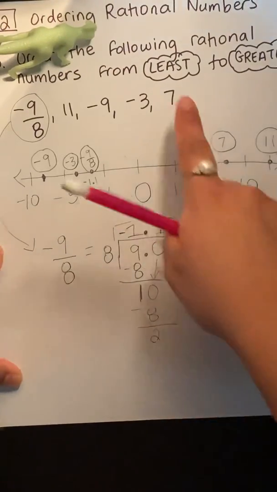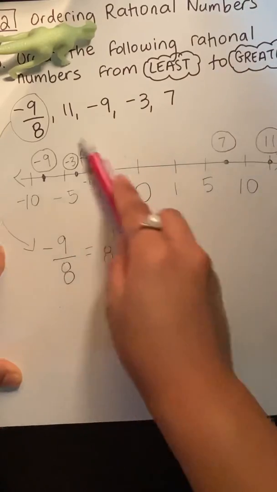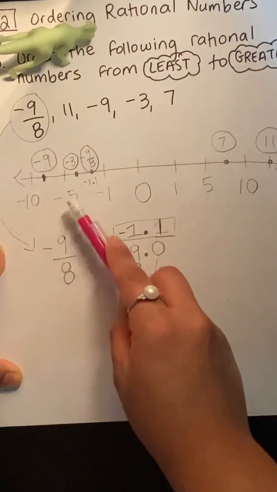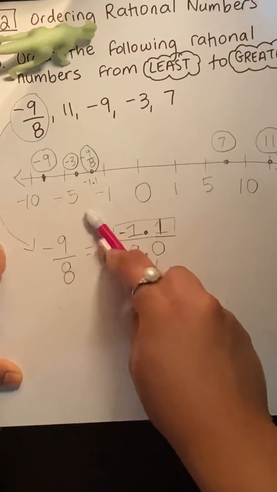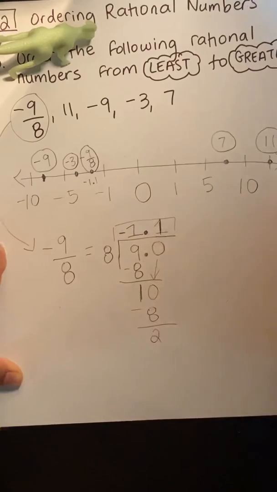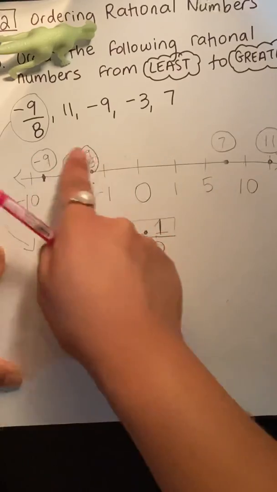So remember, we're going least to greatest. Any negative number is always less than or smaller than any positive number. And for that reason, I am going to start with the negative numbers.